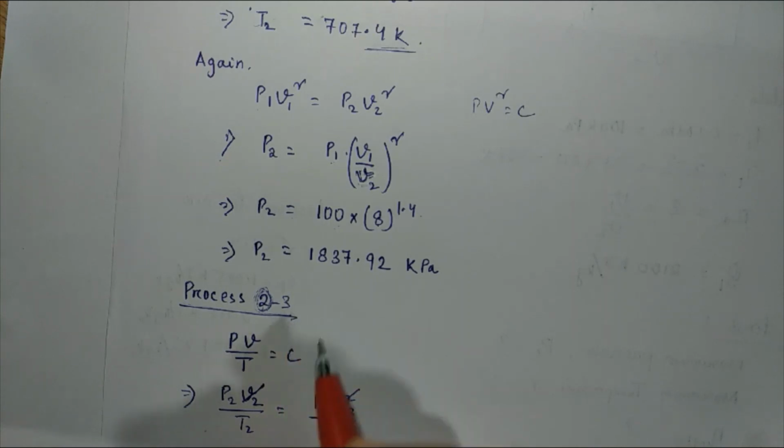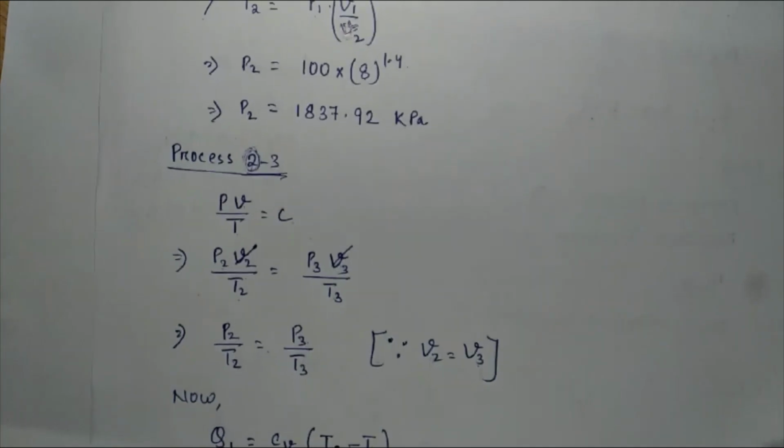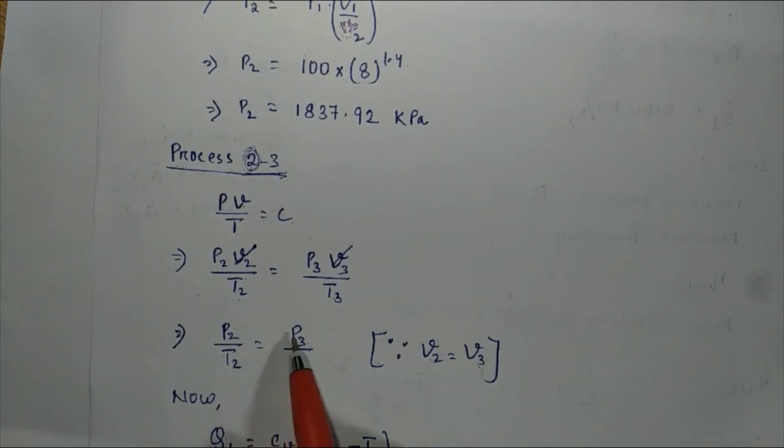So for that, we use the relation PV by T equal to constant, right? So we consider P2 V2 by T2 equal to P3 V3 by T3. V2 and V3 cancel each other because this is a constant volume process. So V2 is equal to V3, and we get the relation P2 by T2 equal to P3 by T3, right?